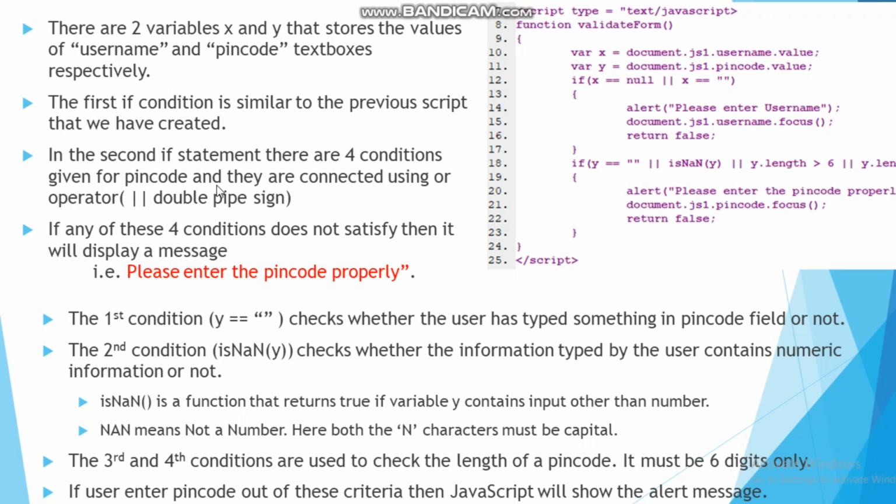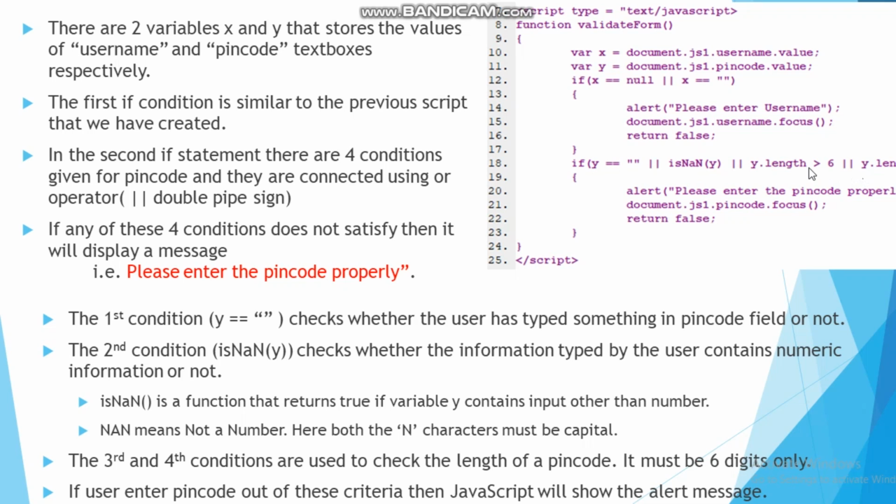In the second if statement there are 4 conditions given for pin code, connected using the OR operator, that is the double pipe sign. We will see this statement: if y double equal to double inverted comma, or isNaN y, or y dot length greater than 6, or y dot length less than 6.